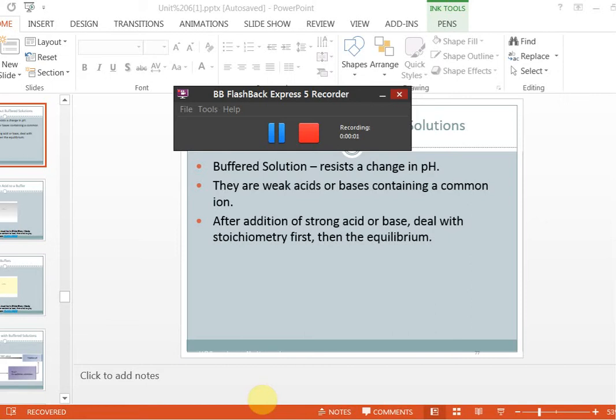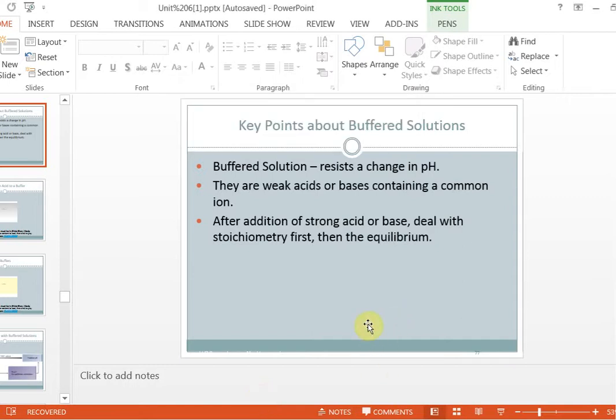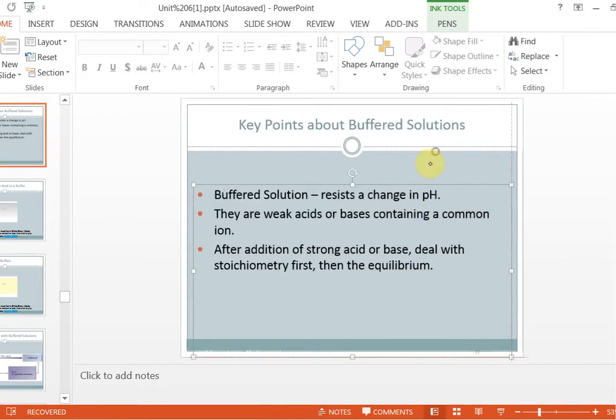Okay, so this is part 4 of our Unit 6 video series. Here we're going to start talking about buffers. A buffered solution is one that's going to resist a change in pH.